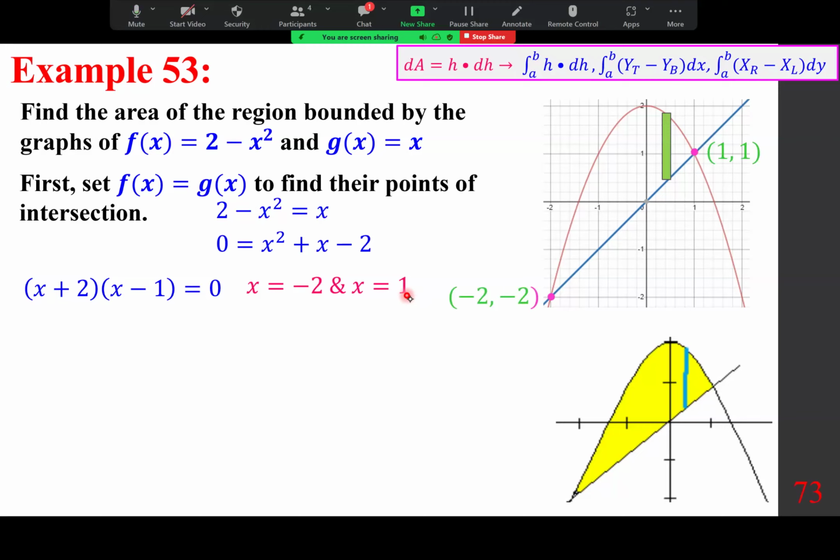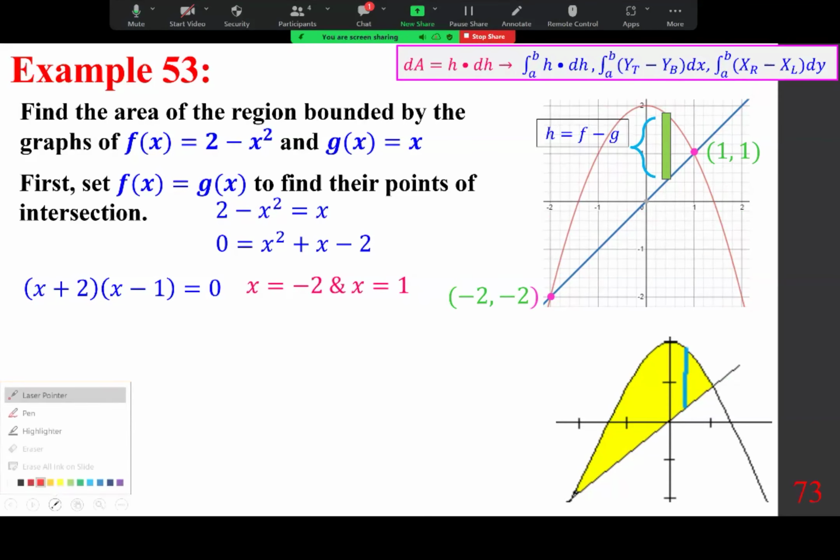And again, look at this vertical strip. This has to move left and right. So the height is the f function, the parabola, the curve, minus the bottom is the g function, the line. Say again, look at this point.